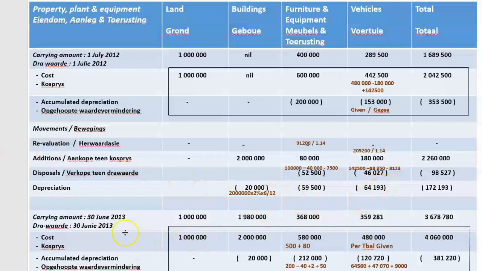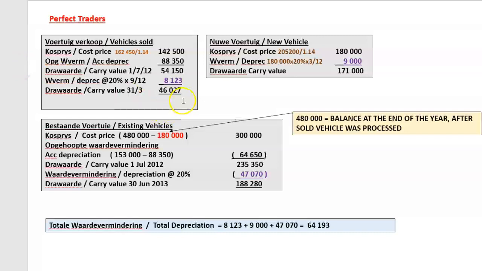64,193. Our carrying value at the end of the year: they gave us the cost prices at the end of the year. They've told us it's 480,000. Our accumulated depreciation at the end of the year will be for everything that we still have at the end of the year, and the carrying value is 171,000.